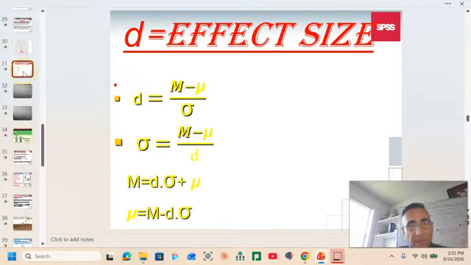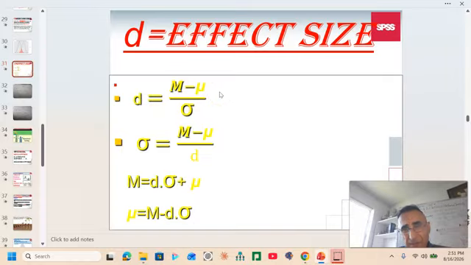We'll talk more about this. D, effect size, has its own formula. The symbol is lowercase d, M minus mu, just like the z itself, but instead of dividing by the standard error of the mean, it's just divided by the standard deviation.